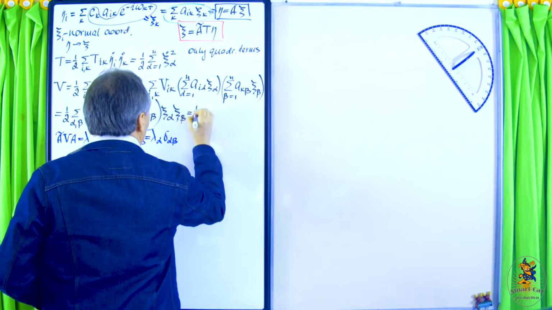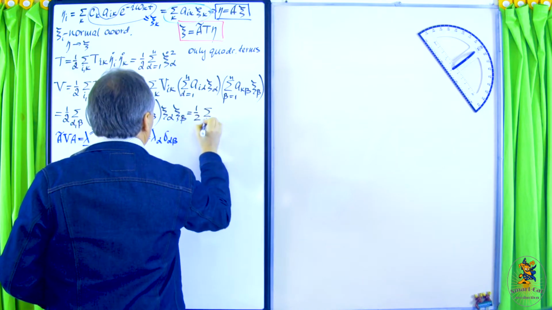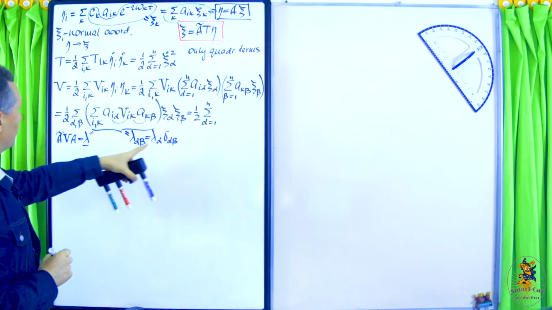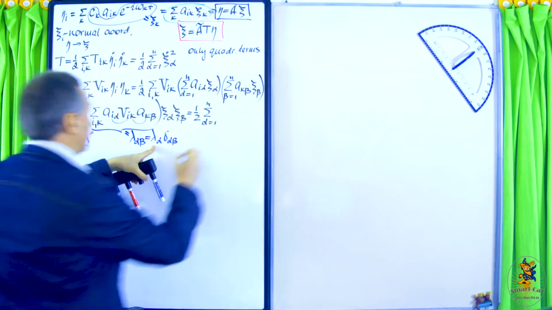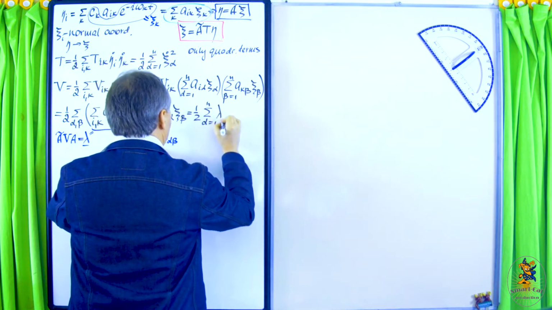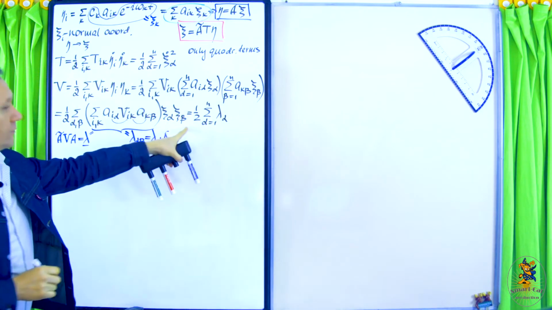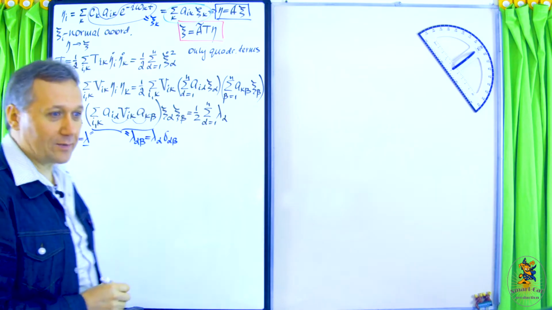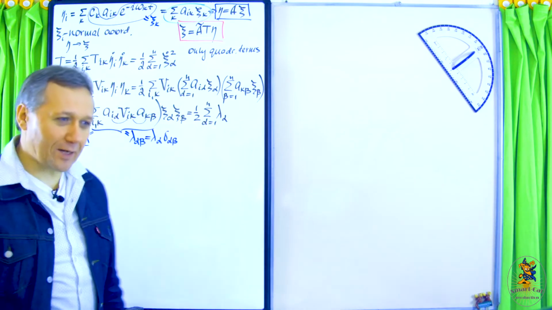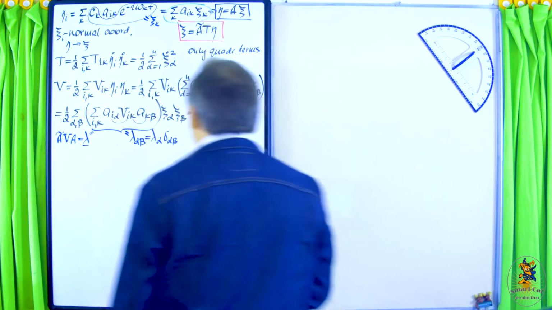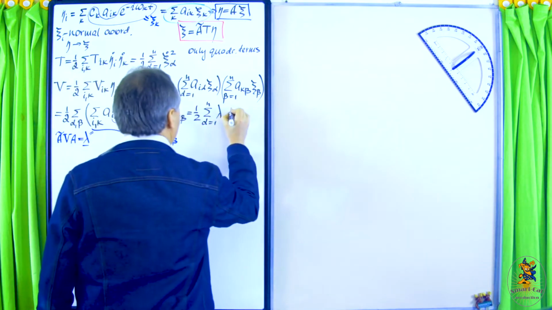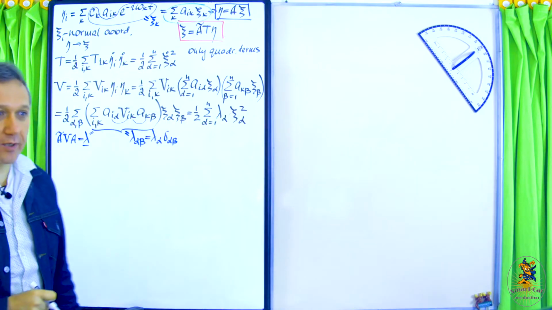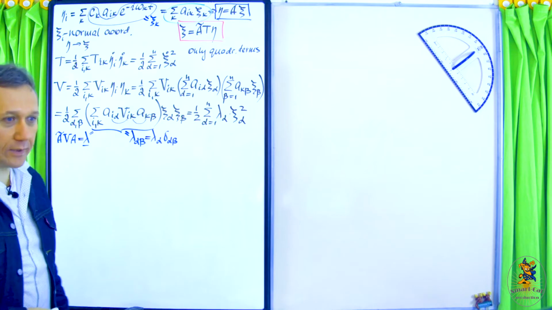So it will be equal to 1 over 2 summation over alpha from 1 to n, lambda alpha, and again, instead of beta, we're going to have alpha, because this Kronecker symbol helps us to get rid of all betas, right? No betas in our equations, only alphas. All right, so psi alpha squared, right? Okay, great. We're getting quadratic terms only.